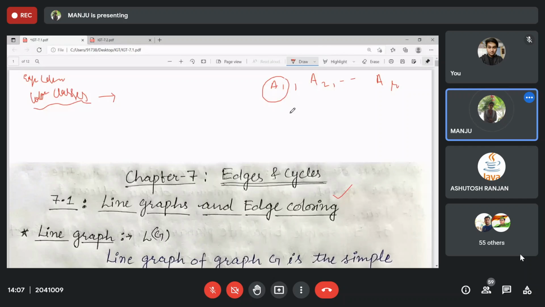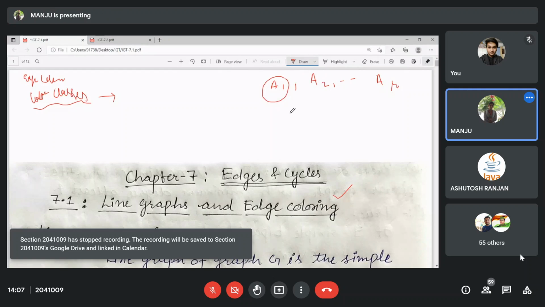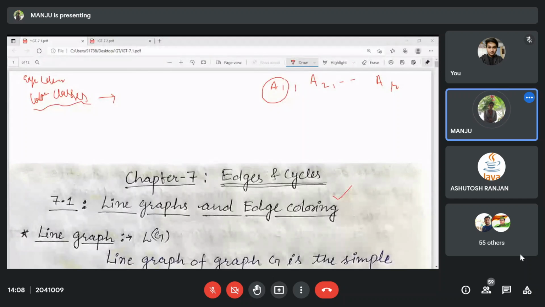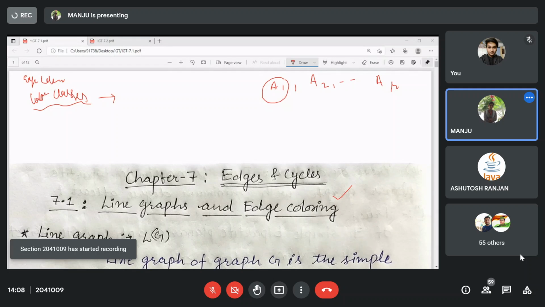Are these dependent or not dependent? Tell me.